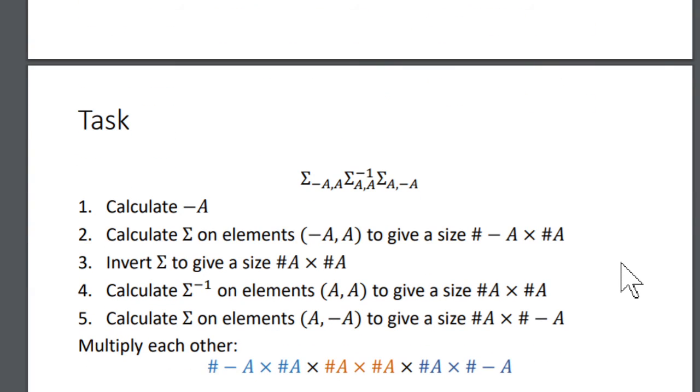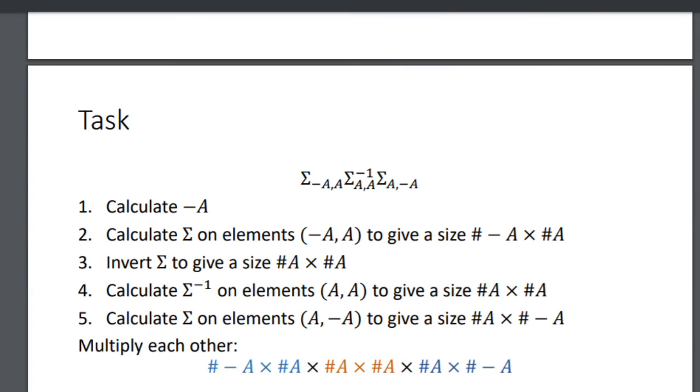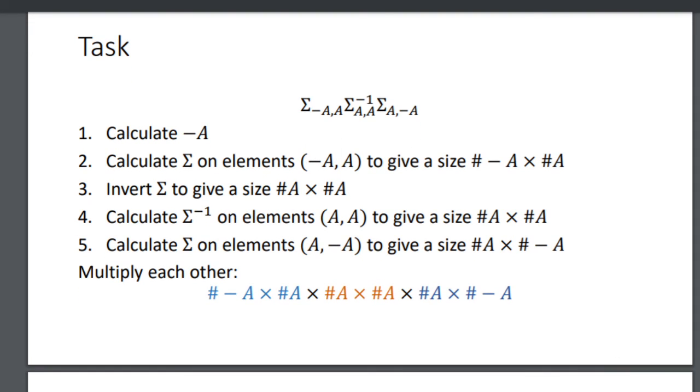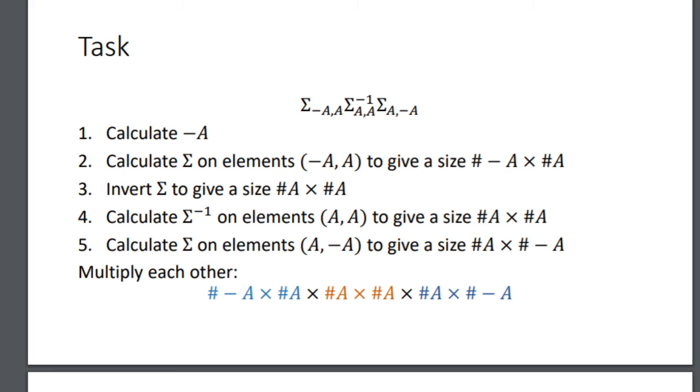So what I did is to calculate minus A, so 1 to n minus the elements that are in A. Calculate sigma on the elements that are minus A, so this thingy here. Then invert sigma to get sigma minus 1.